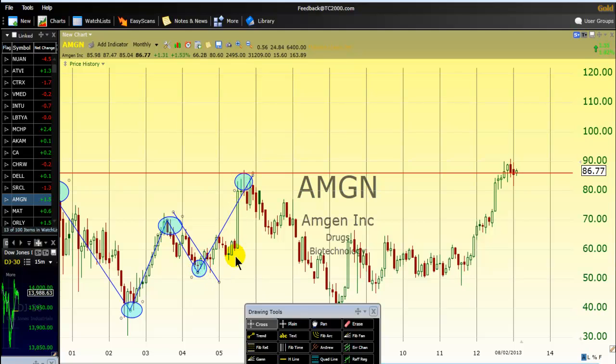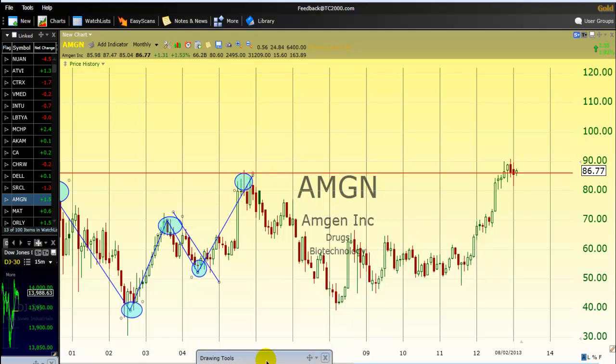Do not assume that the price will definitely reach the target. It may not. It may go horizontal for a long time before reaching the target, or it may just come down. The price will move up if the fundamentals are solid, which means business is growing, they are making money. If Amgen is not making money, the smart money will sell. It doesn't matter whether you see a pattern or not.